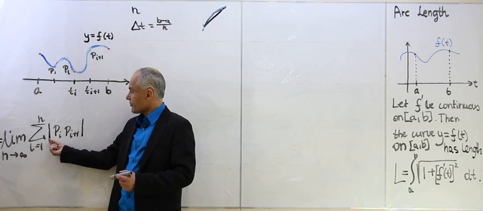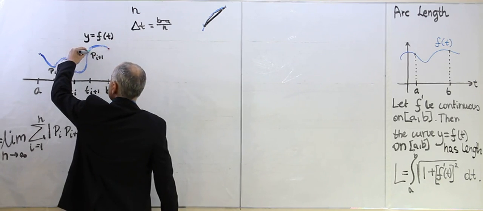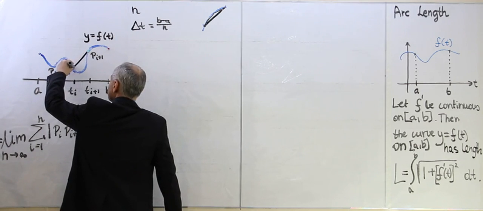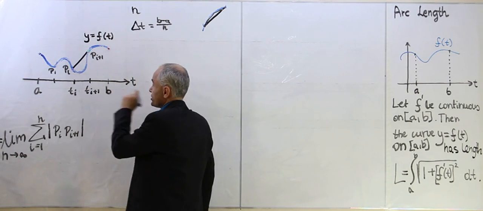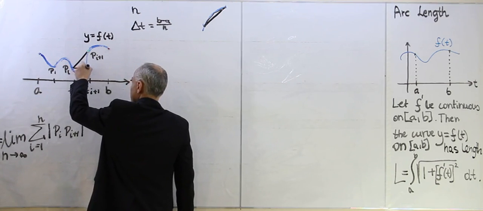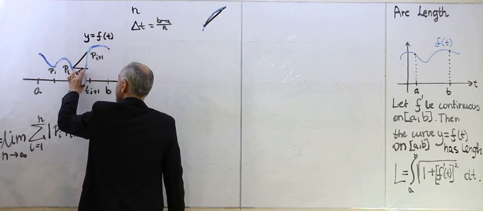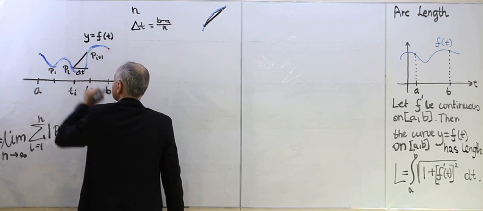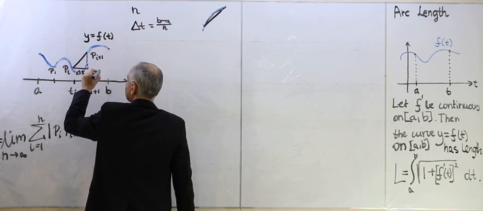Well, let's see if we can rewrite the length Pi Pi plus 1. So I'm talking about this length here. I know that if I project that segment onto the horizontal direction, then its horizontal projection will have length delta t. But what about its vertical projection?